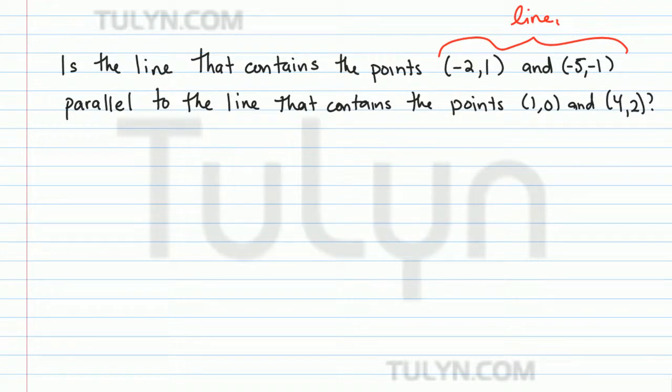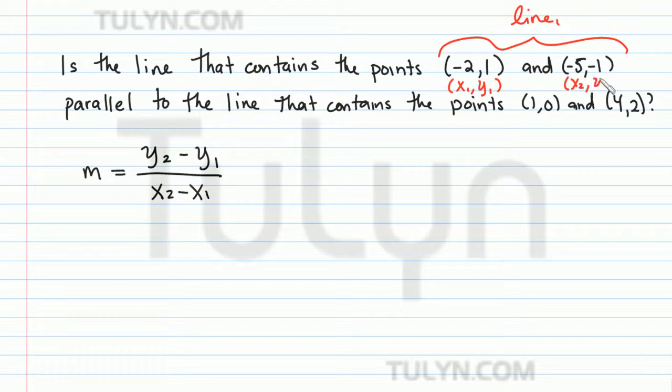So recall that the slope of a line, when you have two points, is given by y2 minus y1 over x2 minus x1. So labeling our points here, let's let this first set be x1, y1, and the second set be x2, y2.